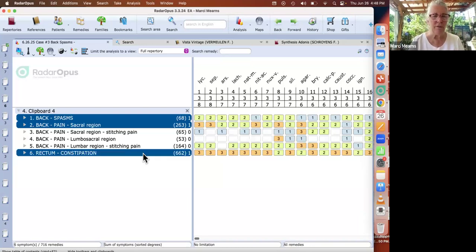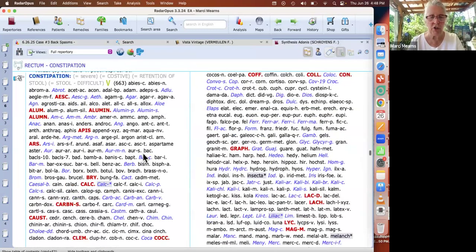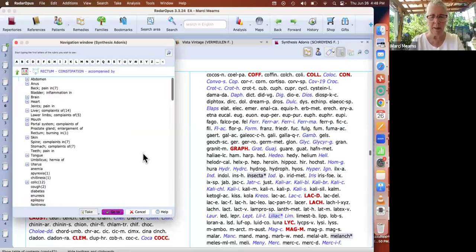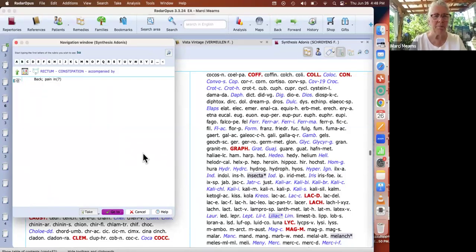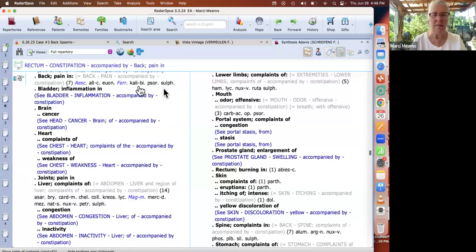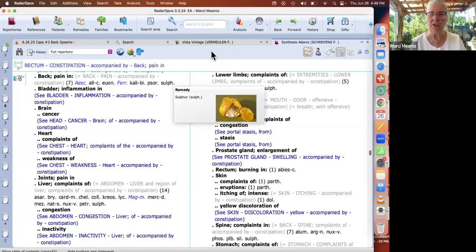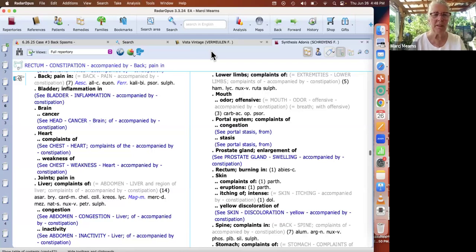Okay. I think there is a constipation accompanied by back, pain in the back. Okay. Why did I not use that symptom? It's useless. Kind of thought about giving her sulfur. She curses a lot, but I didn't.